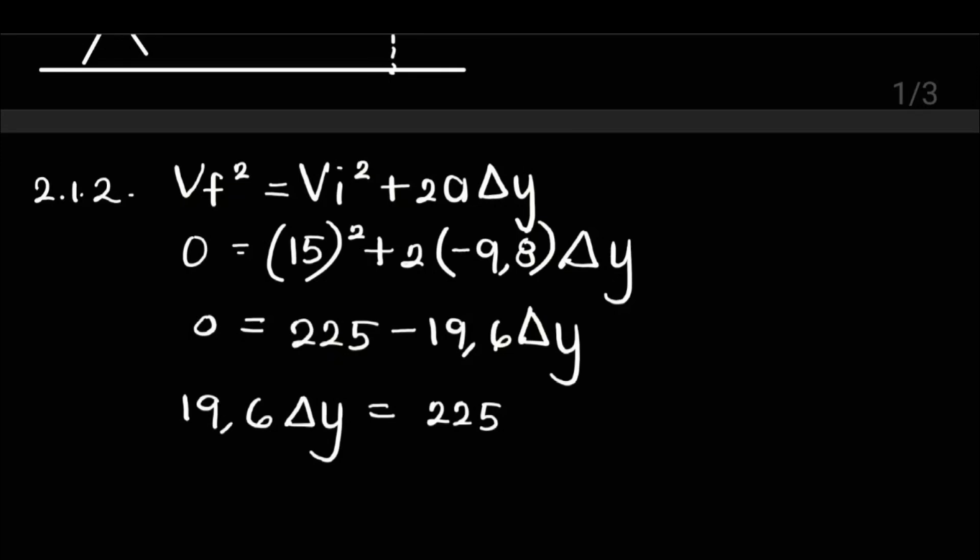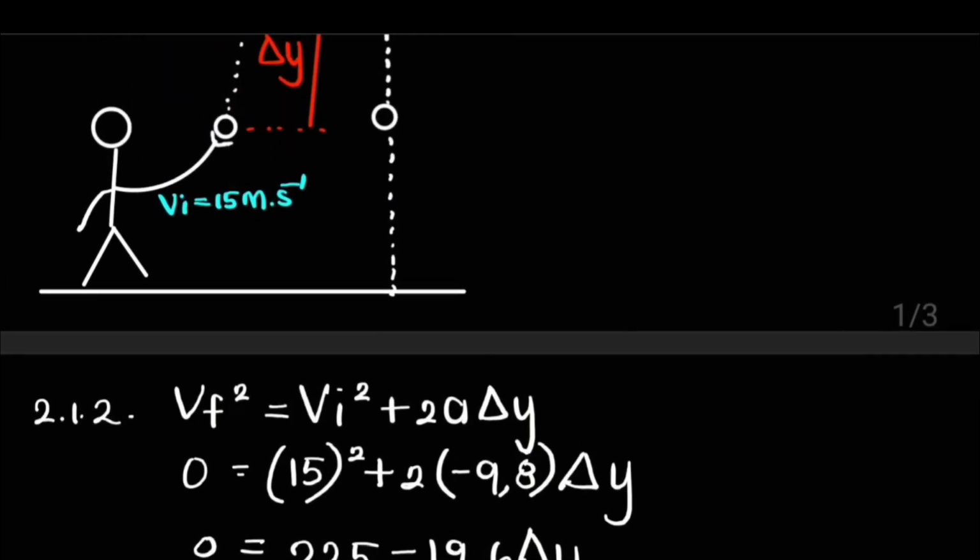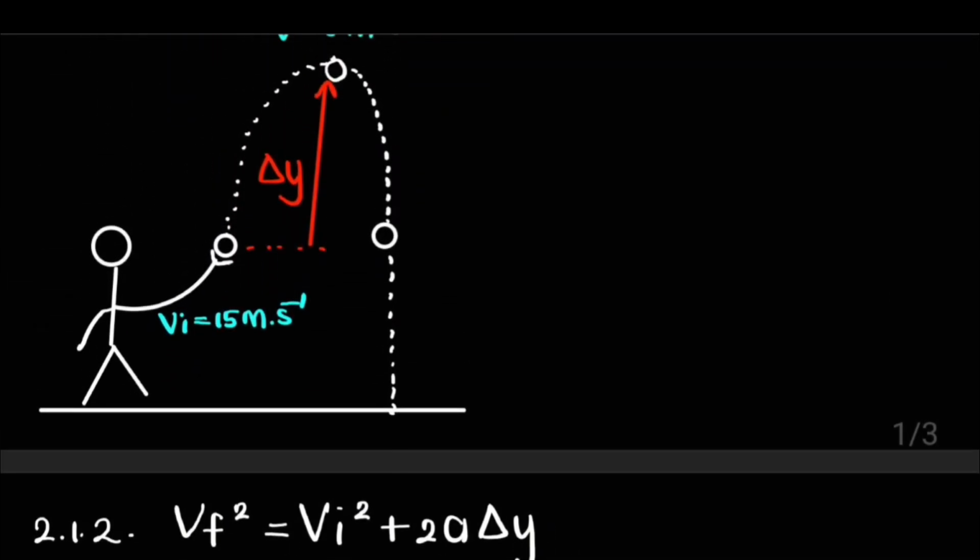To make delta y the subject, we divide both sides by 19.6. That gives me 11.479, so it becomes 11.48 meters. So that is our delta y here.